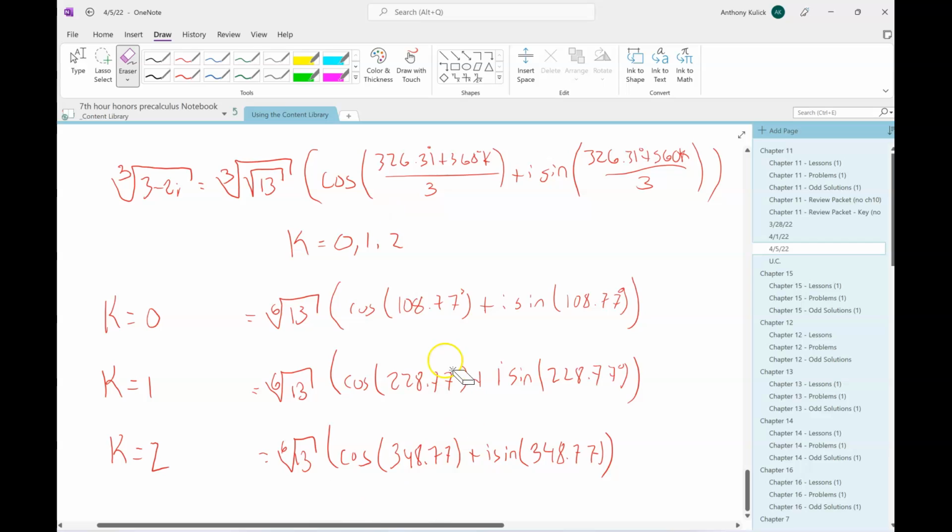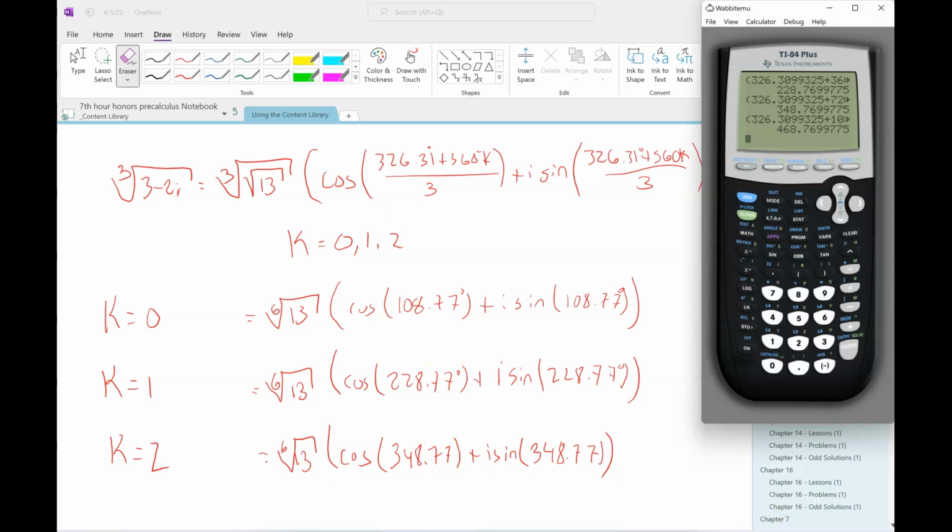So once we have these trigonometric form answers, if we wanted a standard form answer, I would do the 6th root of 13. Reminder to type a 6th root in your calculator. You can type the number 6. Press the math button and go to the command 5, the one with the xth root on it. So there's my 6th root of 13. And I do cosine of, well, let's do the last one because it's the easiest to get to the angle. So 1.50.